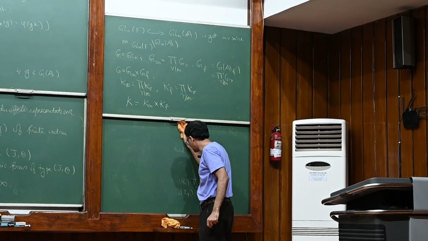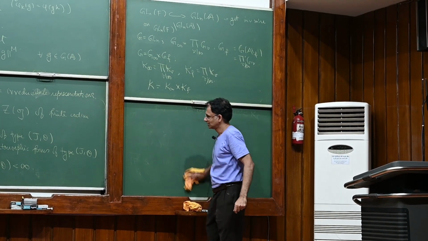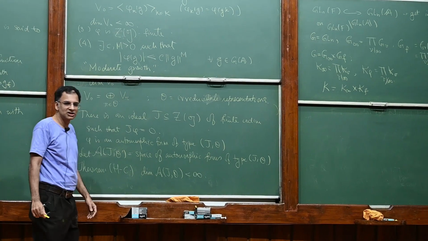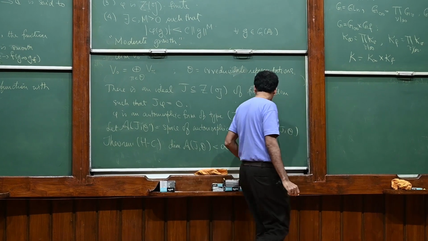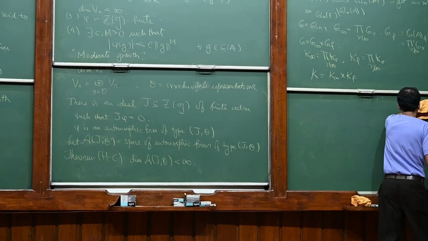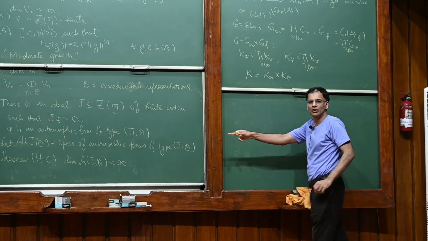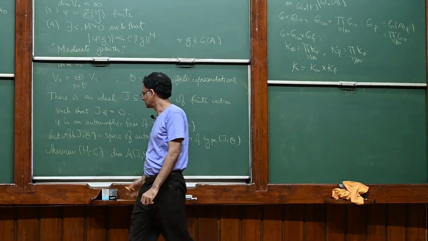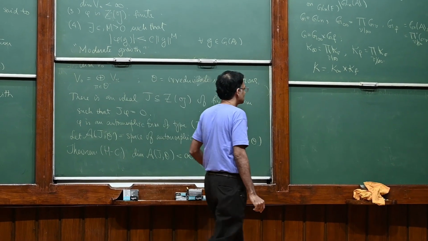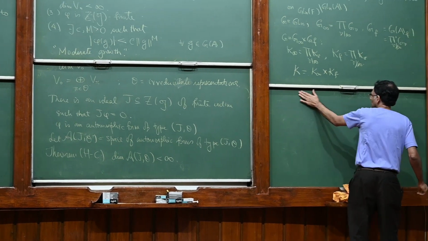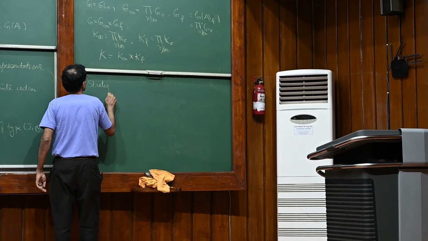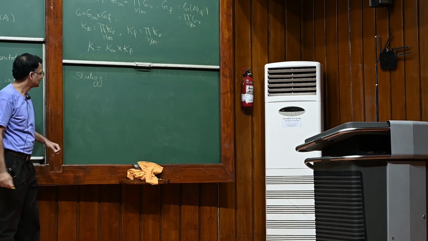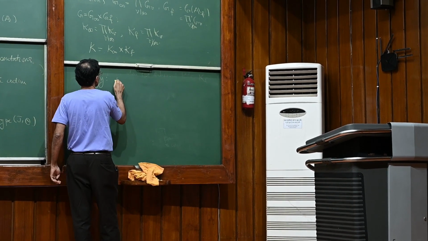Okay, so how does one prove this theorem? The strategy will be the following. We will first define another subspace. I'll give you examples of automorphic forms in a couple of minutes, but the strategy is going to be the following: define another subspace.